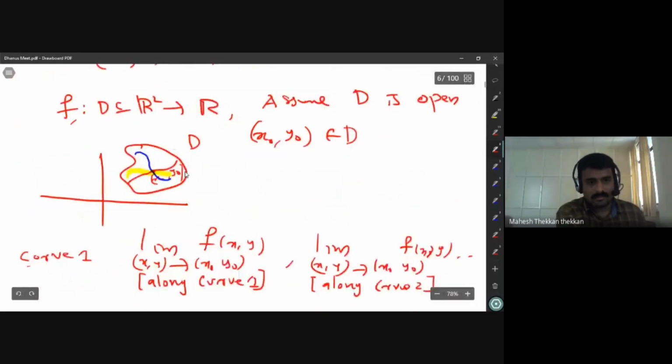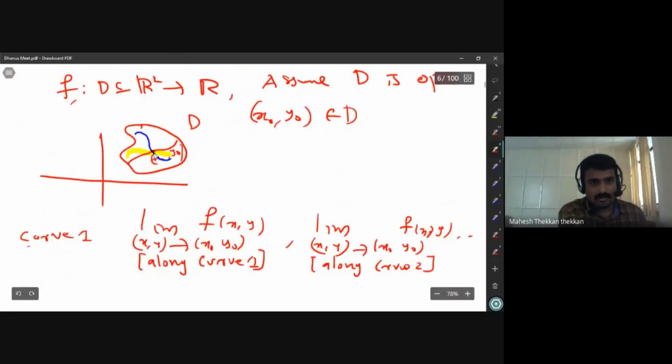I will consider some point (x naught, y naught), and I will look at all the curves passing through it. Along each curve I will look at the limit of f of (x, y) at (x naught, y naught). What do you mean by that limit? Suppose I call this blue one curve 1. I consider that curve, and along that curve I am approaching the point (x naught, y naught).